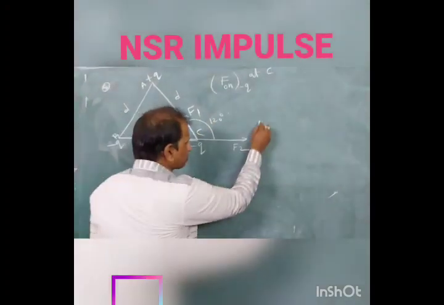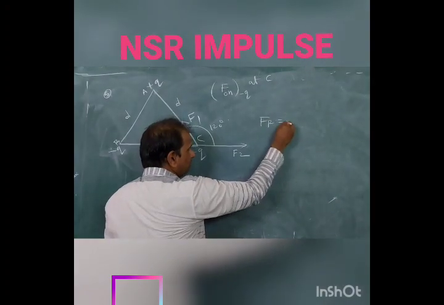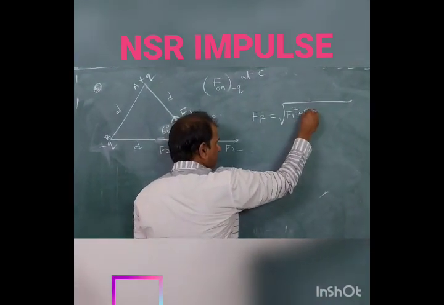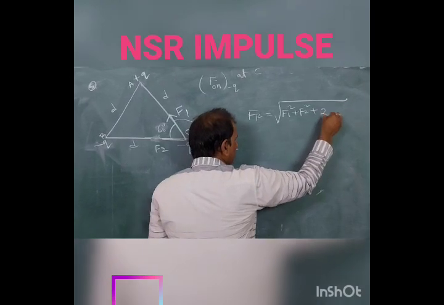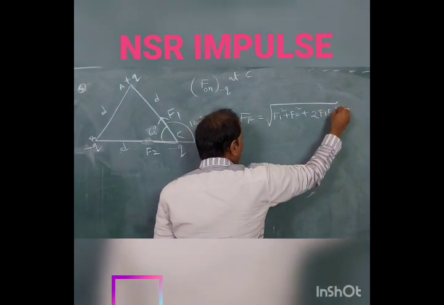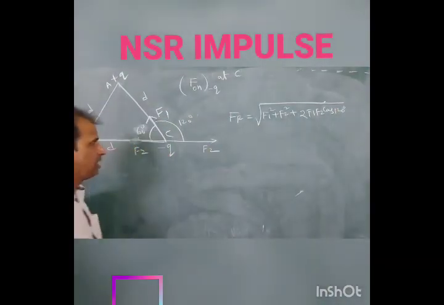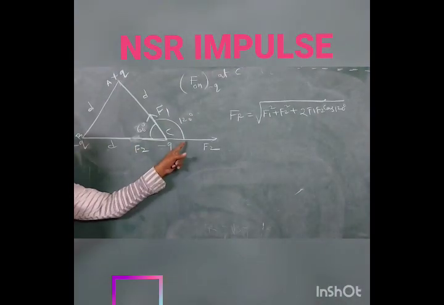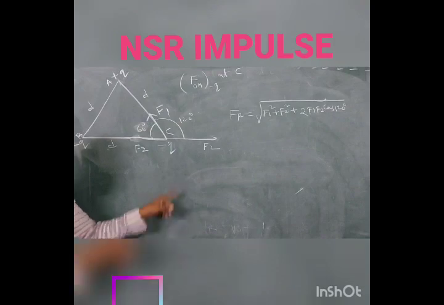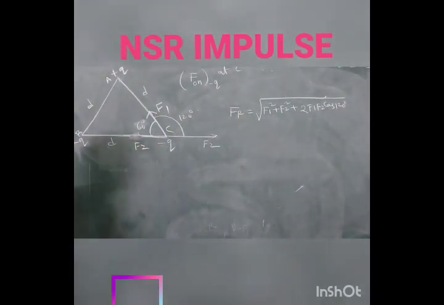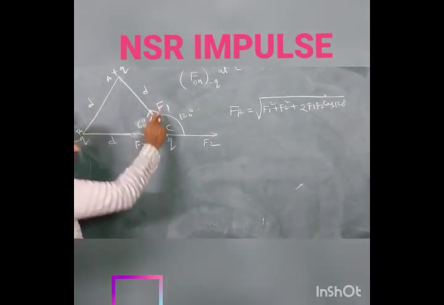So the resultant force Fr is equal to the square root of F1 square plus F2 square plus 2 F1 F2 cos 120 degrees, the angle between the two forces. These two are acting on this negative charge. So what is F1?